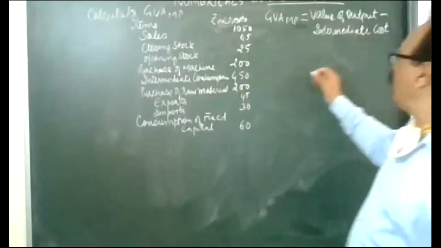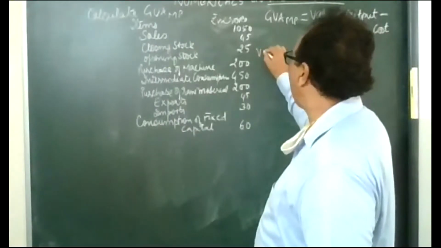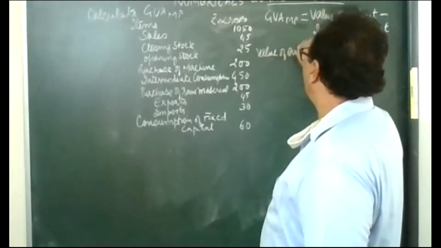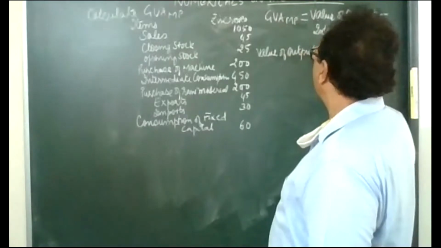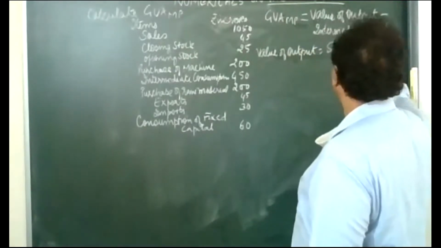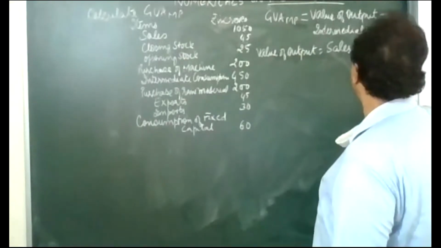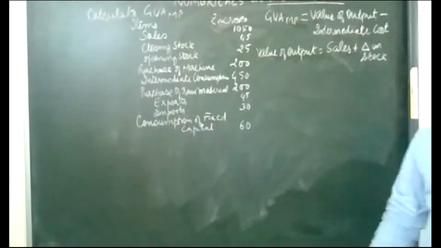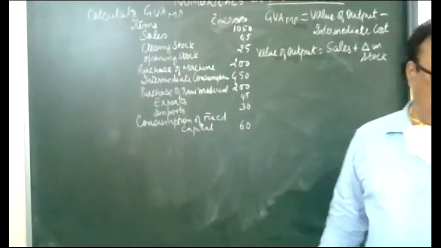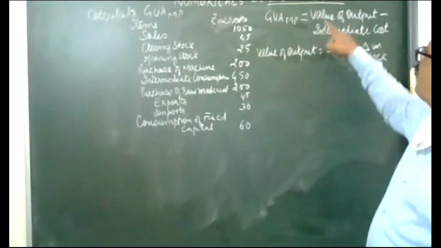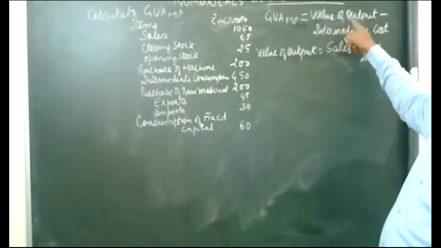Now we have to calculate value of output. What is the value of output? Value of output is equal to sales plus change in stock. The first part will be given.